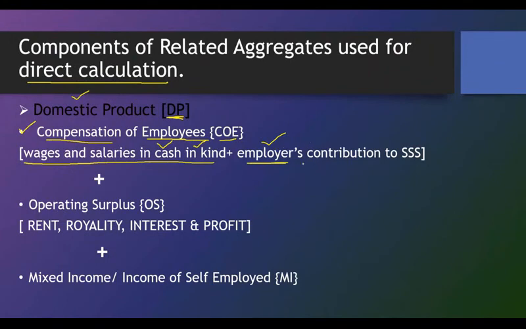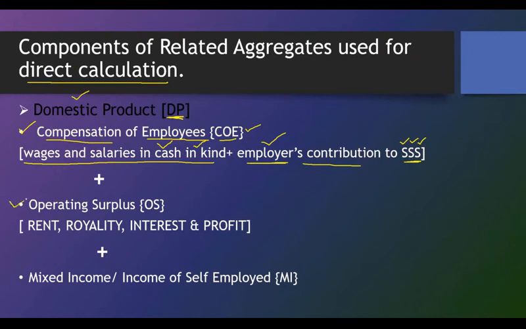That is the employer's contribution to social security scheme, in short SSS. These are all contributions made by the employers for the employees' benefit. So whenever we calculate COE, first we add wages and salaries, in cash and in kind, and along with that we also add the employer's contribution to social security schemes. These are all the parts of COE.